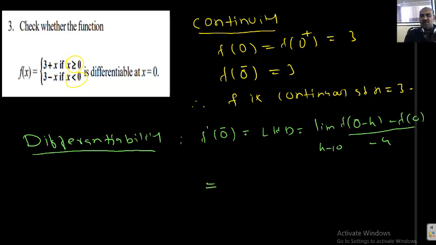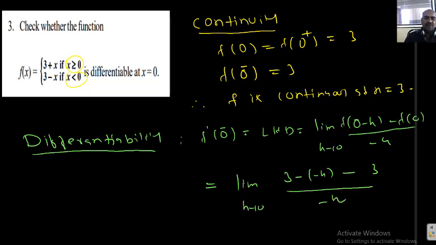So the limiting value of f of 0 minus h, here the second rule. In that rule, put 0 minus h instead of x: 3 minus (minus h), minus f of 0, which means in the first function put x equal 0, we get 3 only, divided by minus h, as h tends to 0.